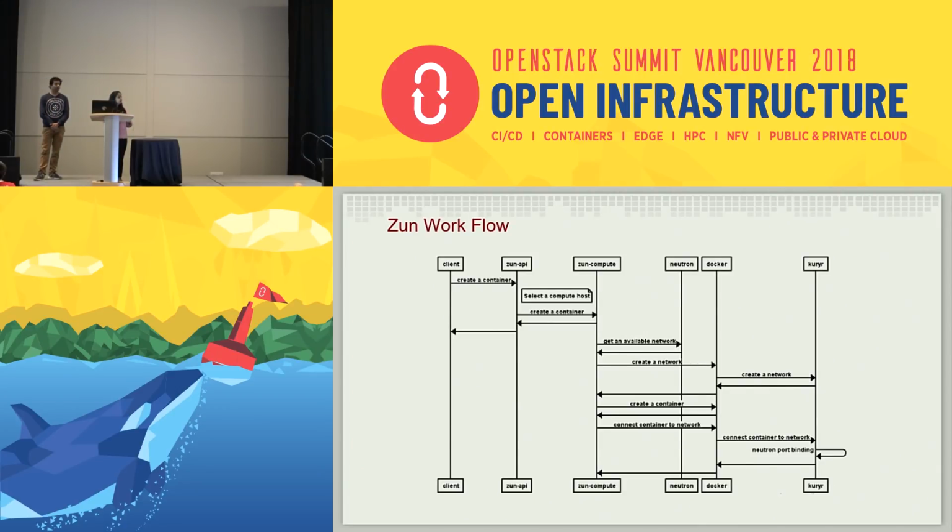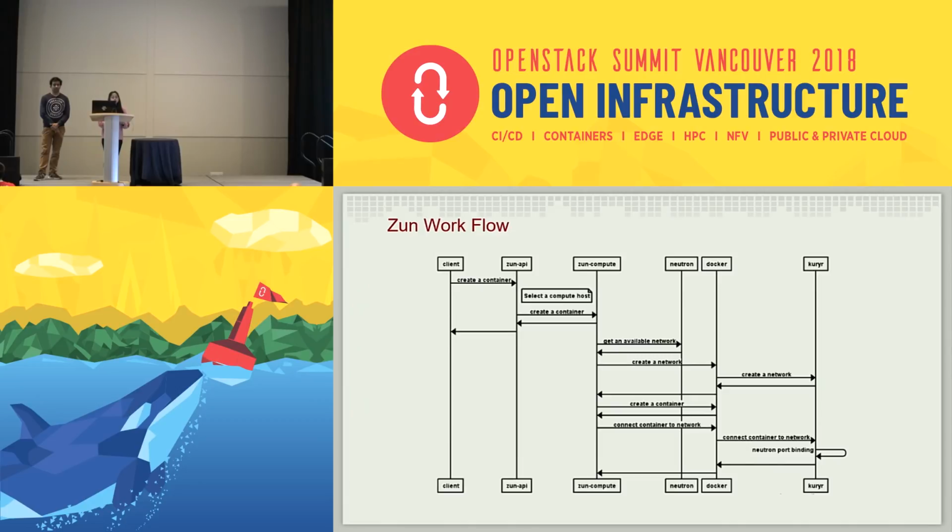We can have multiple compute hosts, so the selection of host is done by the Zun API, or you can say the Zun scheduler, but we don't have any individual service or binary called scheduler. It is done in a very simple way. It does the filtering and returns you a host to run your container, and the request is forwarded to the selected Zun compute service.